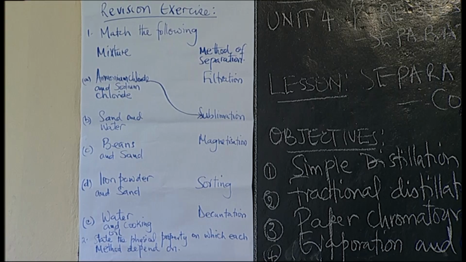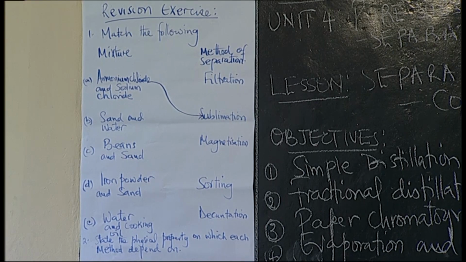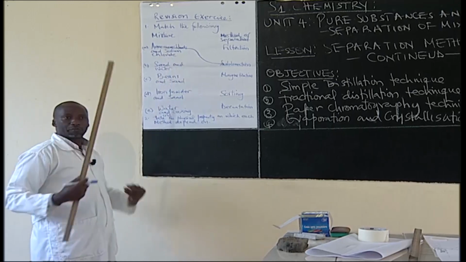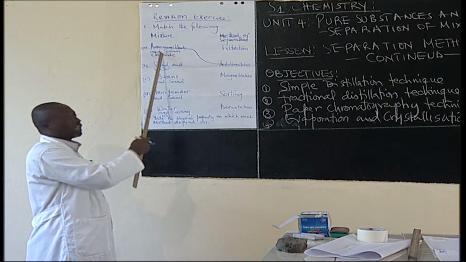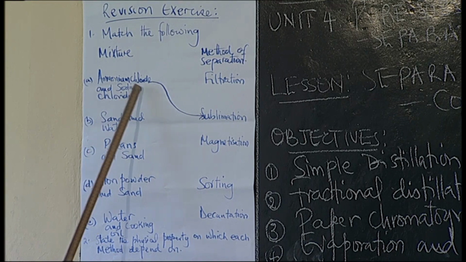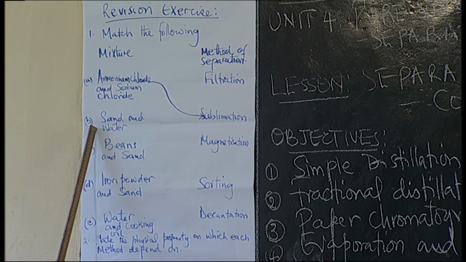If you remember what we talked about with sublimation, we said a substance is able to change from the solid into the gas without passing through the liquid state. So in this case, ammonium chloride sublimes and sodium chloride remains behind. That is why we are choosing sublimation as the method to separate ammonium chloride and sodium chloride.